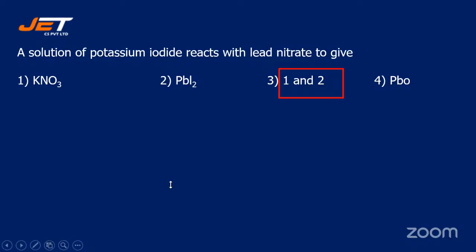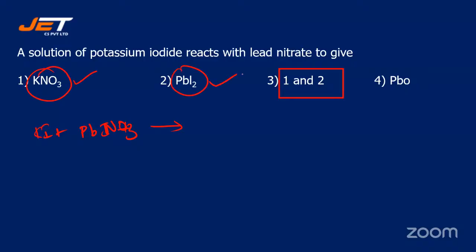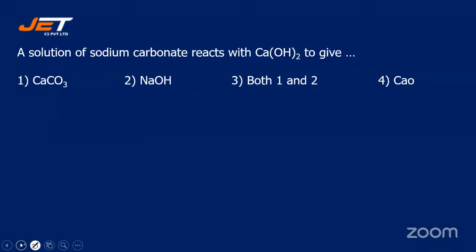Because when a solution of potassium iodide reacts with lead nitrate, it will be a displacement reaction. So it forms potassium nitrate as well as lead iodide. Both are formed as products.